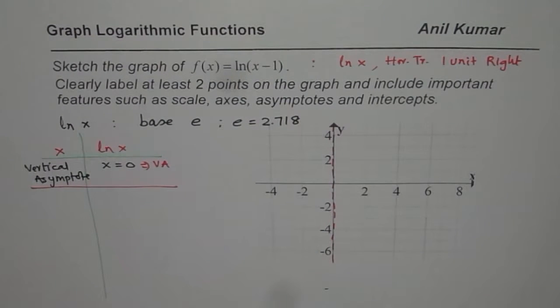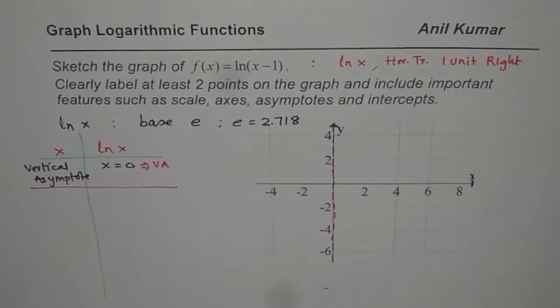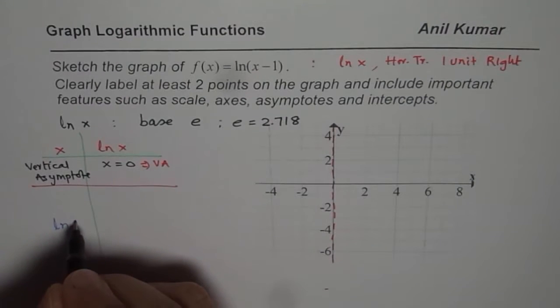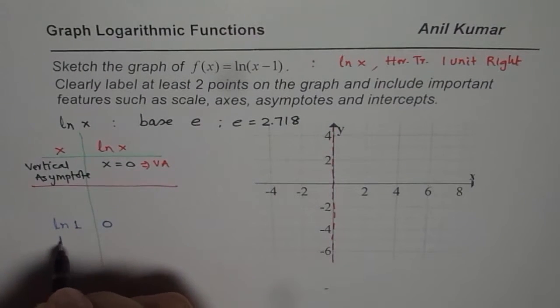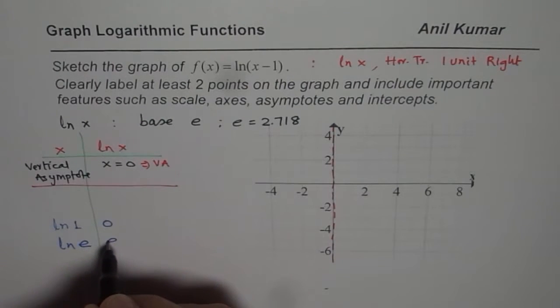Okay. Now when we have base e, good points to check for any graph of logarithms will be ln 1. ln 1 is always 0, correct? Then we can take ln e, right? When you have these the same, you should get 1.